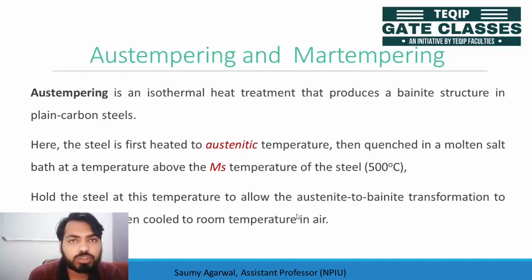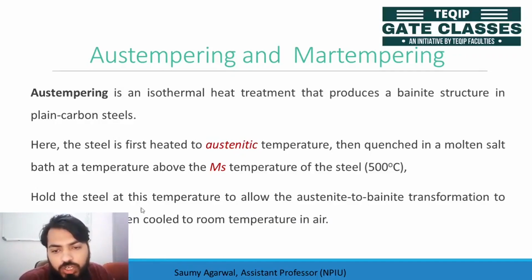You hold the temperature such that all the austenite present in the steel converts completely into the bainitic structure. Afterwards you can cool it to room temperature, by air cooling.